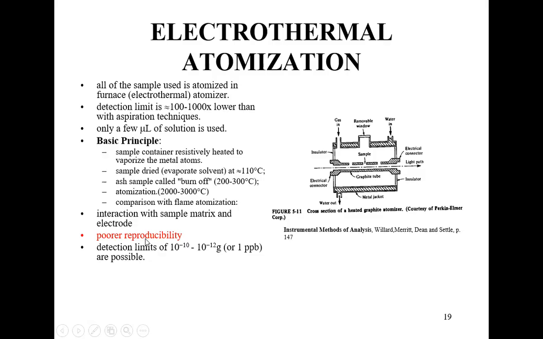And once you tear down, and then you have tomorrow, you have to do the same thing. And so poor reproducibility, but detection limits are low. You can see here, ppb levels, 10 to the minus 10, 10 to the minus 12 grams. Those are possible, right? So those are disadvantages.